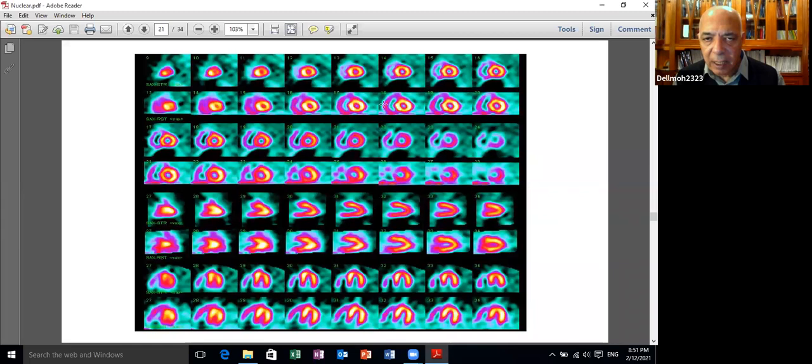Again, it's reproducible here. And there might be diaphragmatic attenuation, with the diaphragm moving high and low because of respiration. This is a black area here, which is not present at rest, always during exercise, not at rest. So this is a diaphragmatic attenuation.